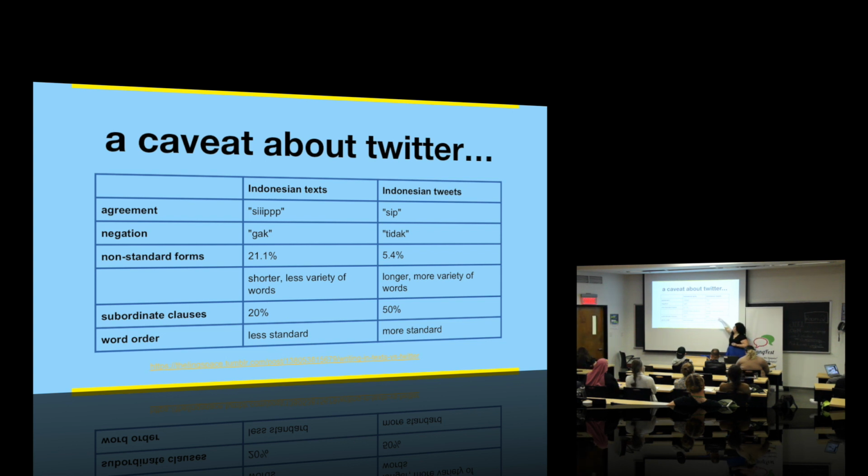You can see, for example, that sip, which I hope I'm saying correctly, is the Indonesian word for yes. And people speaking Indonesian, just like speakers of many languages with alphabets, repeat letters to indicate emphasis. So you might write yes with a lot of S's.